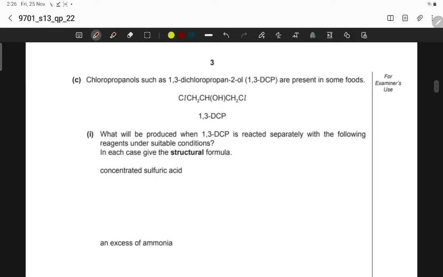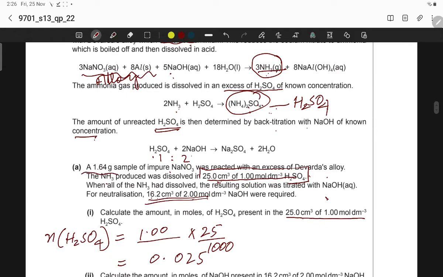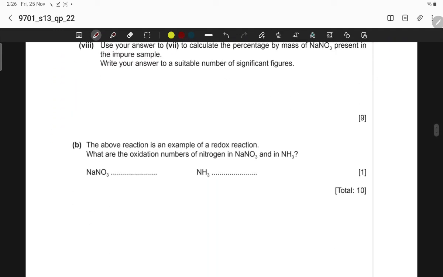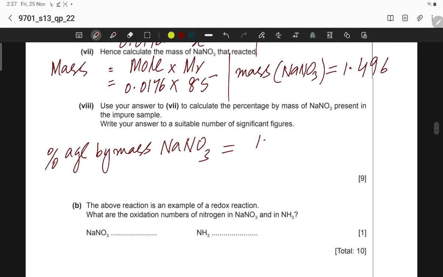We have a sample of 1.64 gram. Now the percentage by mass of sodium nitrate which actually reacted is 1.496 divided by the mass of alloy into 100, and this is equal to 91.219.